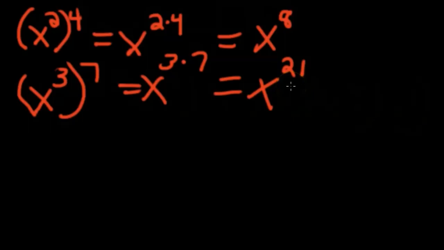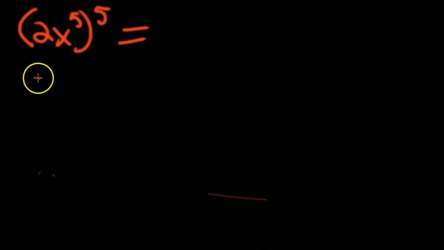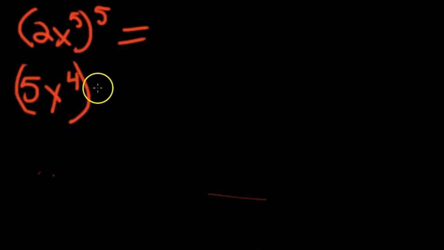Now sometimes you might see a number in addition to a variable inside the parentheses. So in this case, what do you do in a situation like this? You have 2 x to the 5th to the 5th power, as well as 5y to the 4th to the 6th power.